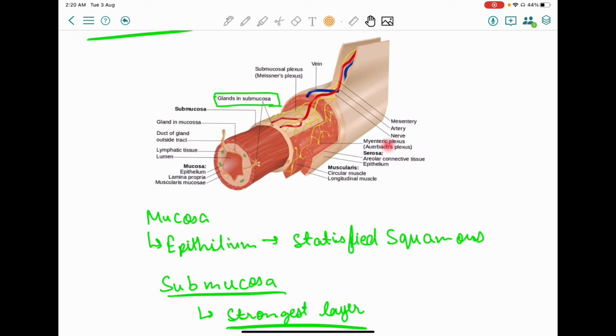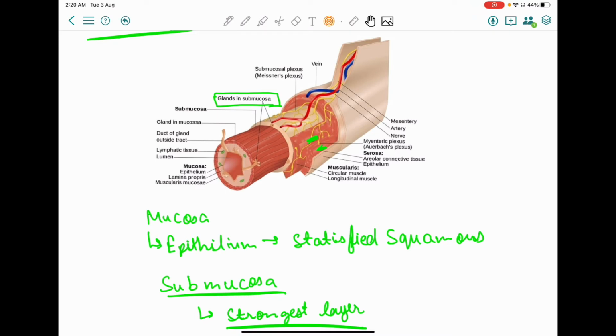The myenteric plexus, also called Auerbach plexus, is present between the inner circular muscle and the outer longitudinal muscle. And then there is a plexus in the submucosa, Meissner's plexus, the submucosal plexus.